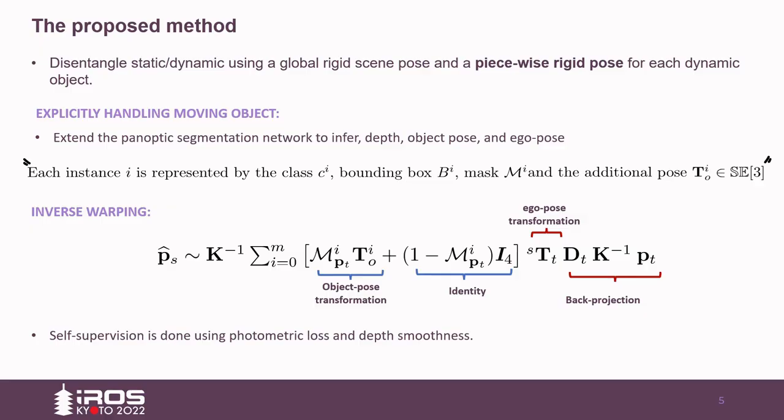We do this for each object. And finally, we project the 3D points to the image reference. In our case, the source images are I_{t-1} and I_{t+1}, and the target image is I_t. Similarly to the prior work, the supervision is done using photometric loss and depth smoothness.